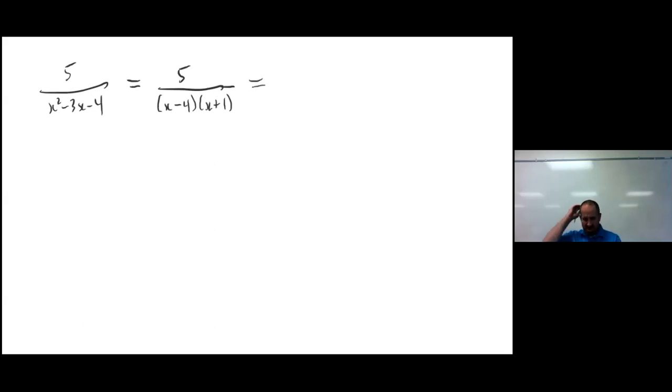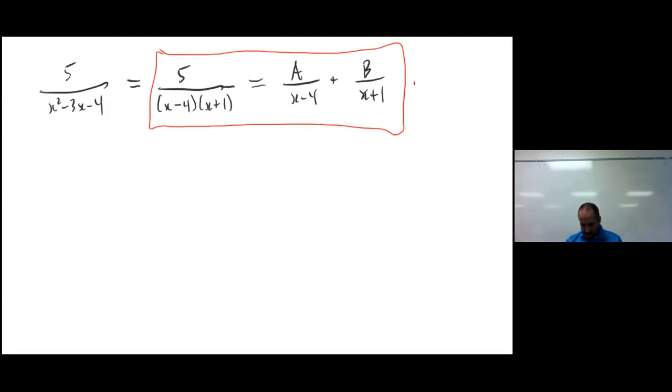And then we wrote this, now can somebody tell me in the notes, did we write it as A over x minus 4 plus b over x plus 1, okay? We cleared denominators, yes? We multiplied everything by x minus 4 times x plus 1, which means it goes to all three of these things.